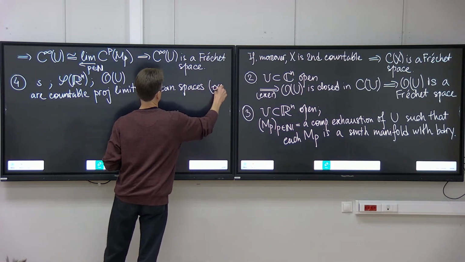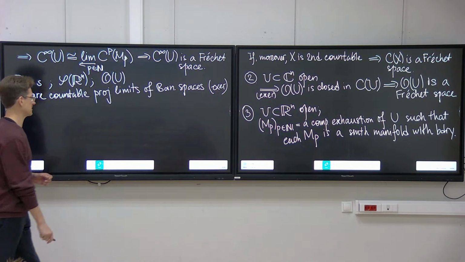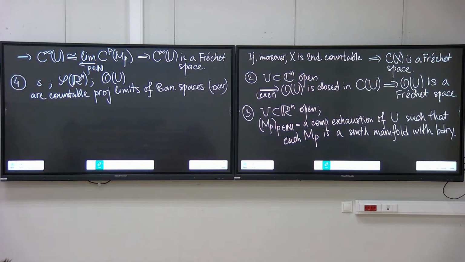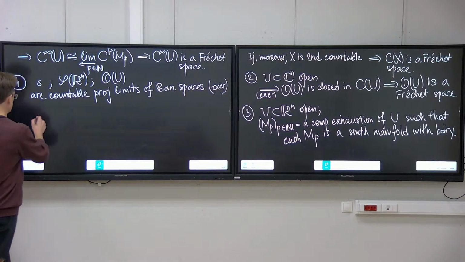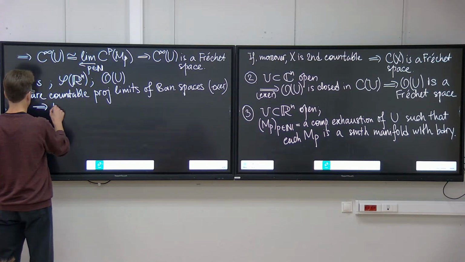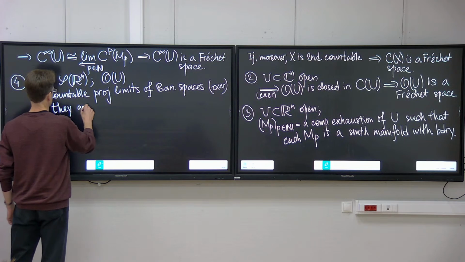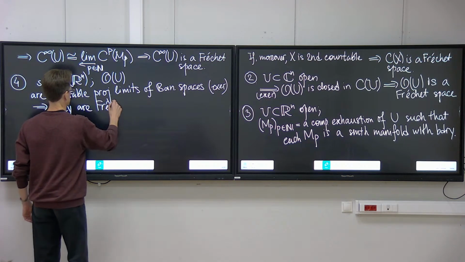This is actually an exercise for you, but the details were already discussed some time ago. For example, some time ago we explicitly constructed such a projective sequence for the space little s. So this implies that they are Fréchet spaces.